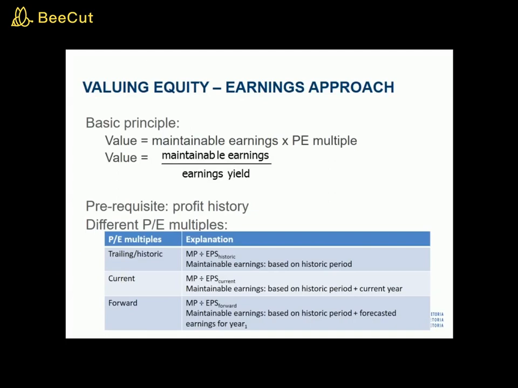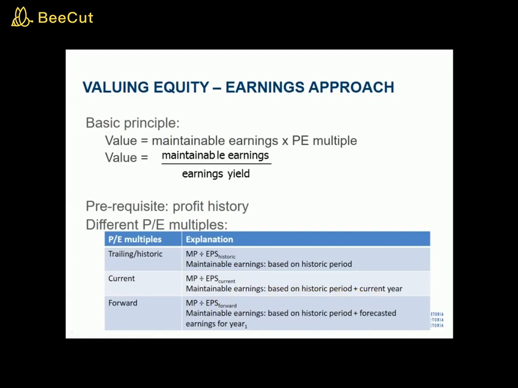But if we take a step back and we think about it, there's an inherent problem in this, isn't there? Because how do we know that what happens in the future is going to be based on what happens in the past. Which brings us to a current PE multiple. When we're looking at a current PE multiple, we take the maintainable earnings based on the current period. In other words, the current year results.